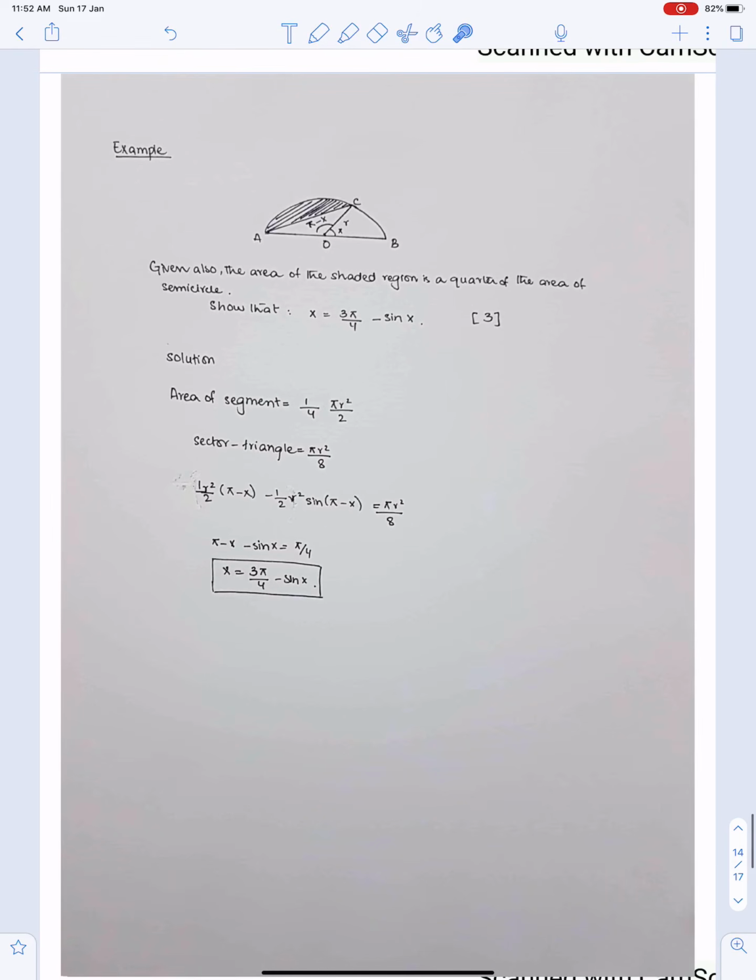This is the question. This is the shaded area, and the information given is that the area of the shaded region is a quarter of the area of the semicircle. Show that. So the area of this segment will be area of sector minus triangle.